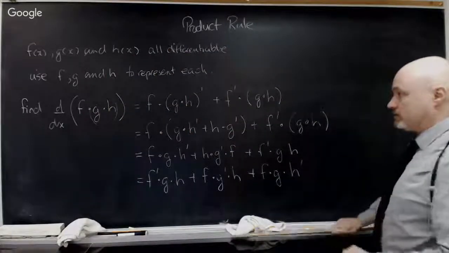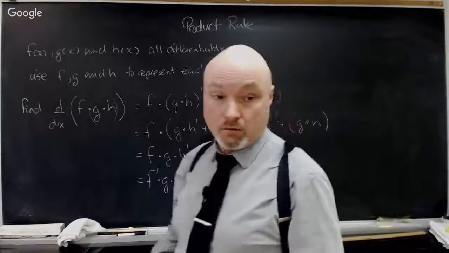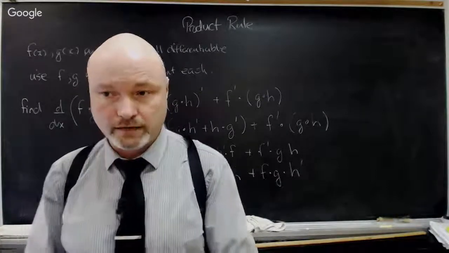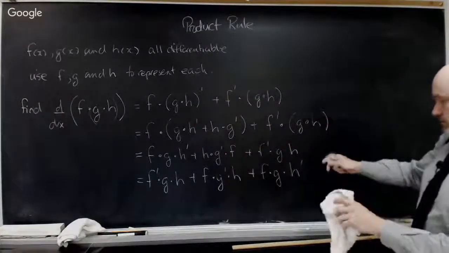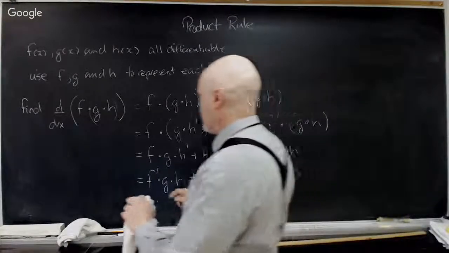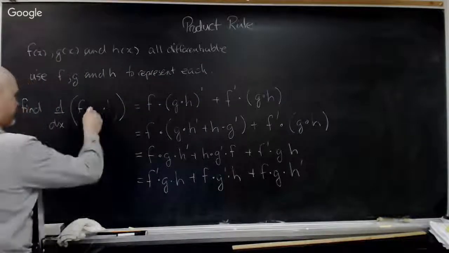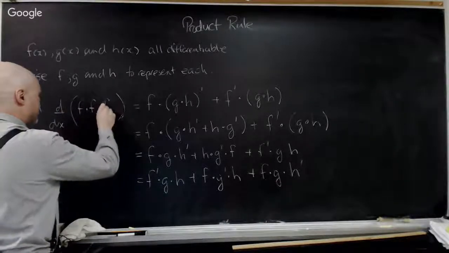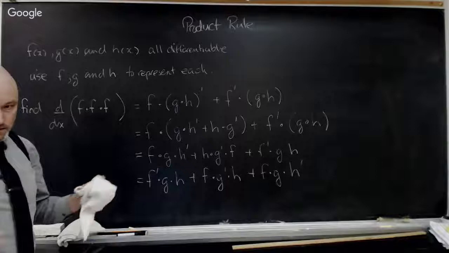Last thing we will look at is what is the derivative of the power of a function. Be ready: derivative of the power of a function. I'm just going to take what I have here, and instead of f times g times h, we're going to do f times f times f, which, by the way, is f at x to the power of 3.